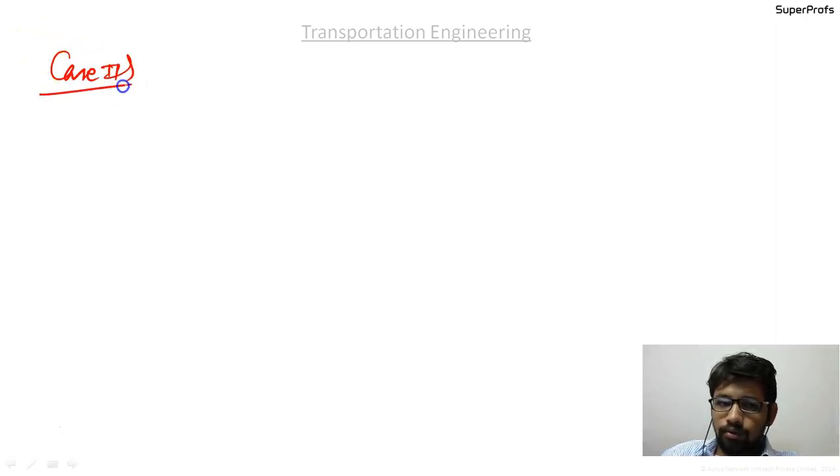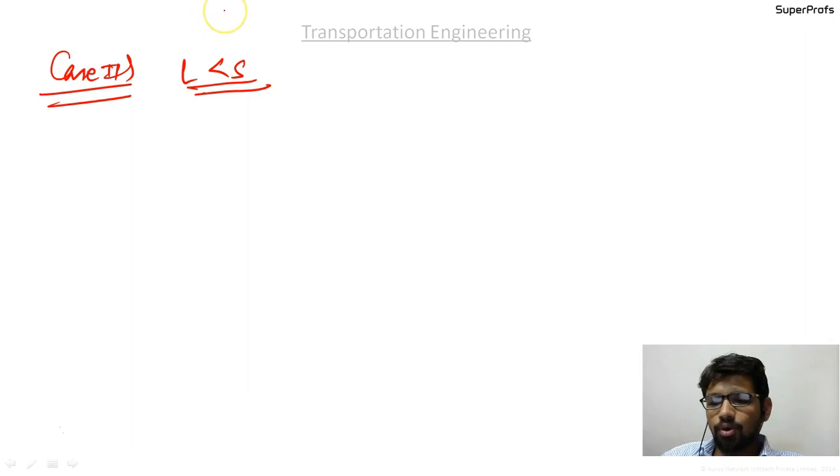Okay, so now we will go for case 2, where the length of the curve is less than the minimum required sight distance. So again the formula will get modified in a similar manner.